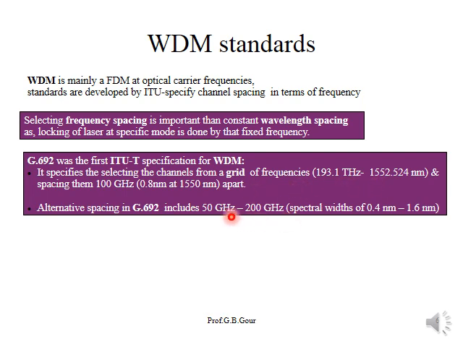Another alternative approach will be 50 to 200 gigahertz with the spectral bandwidth corresponding to 0.4 to 1.6 nanometers. So for these standards you have to remember the dimensions. This is how you have to initiate the explanation of WDM standards. Many times it has been asked in the exam: write a short note on WDM standards. So you have to start its explanation like that.